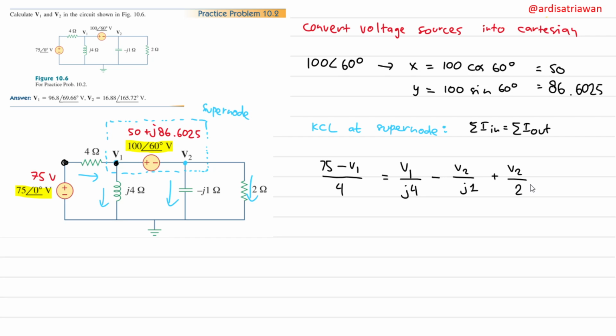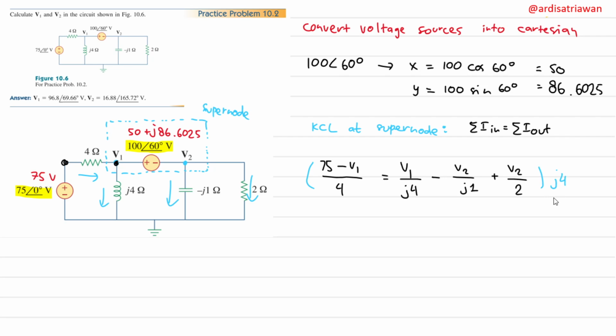Okay, now let's simplify. What can we simplify from here? Now we have 4, j4, j1, and 2. What can we do from here? I think we can remove the denominators by multiplying all of this by j4.